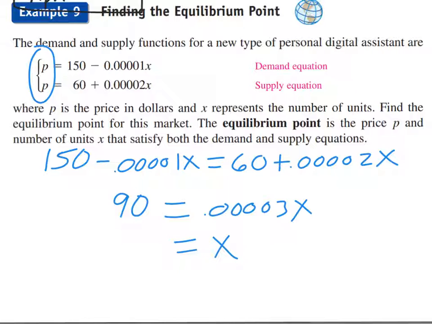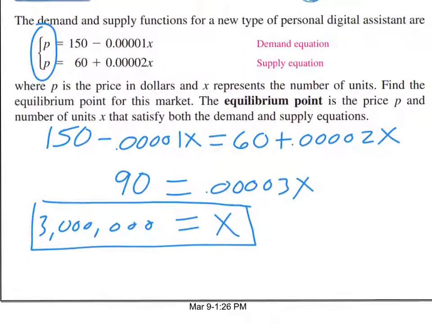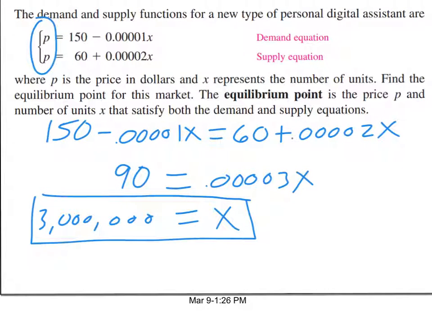And then I would divide both sides by 0.00003. And that would give me the first part of my solution, which is that we should plan on producing 3 million of this product, based on what we can make and based on the demand for it. In other words, how many we could expect to sell.